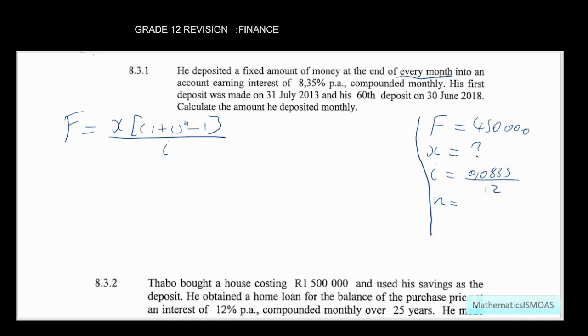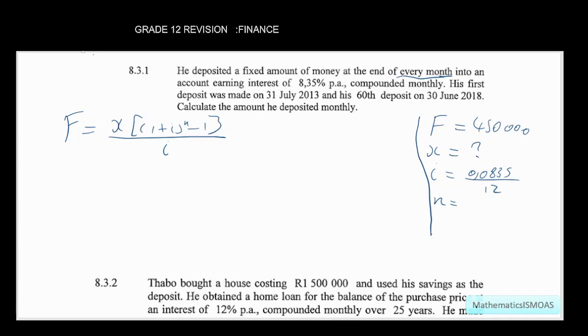So we will not be saying we need to multiply n by 12. But if in the question n is given as years, that is when you say those number of years multiply by 12, so that you can get the number of payments or repayments.